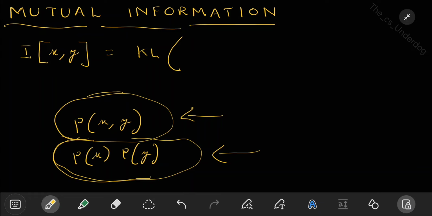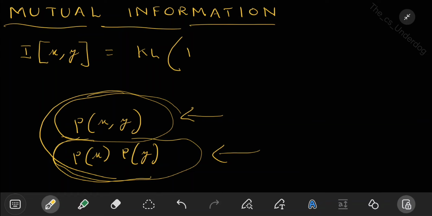In case the KL divergence is a positive value greater than 0, then x and y would not be mutually independent, but you will be able to understand how close they are to being independent.